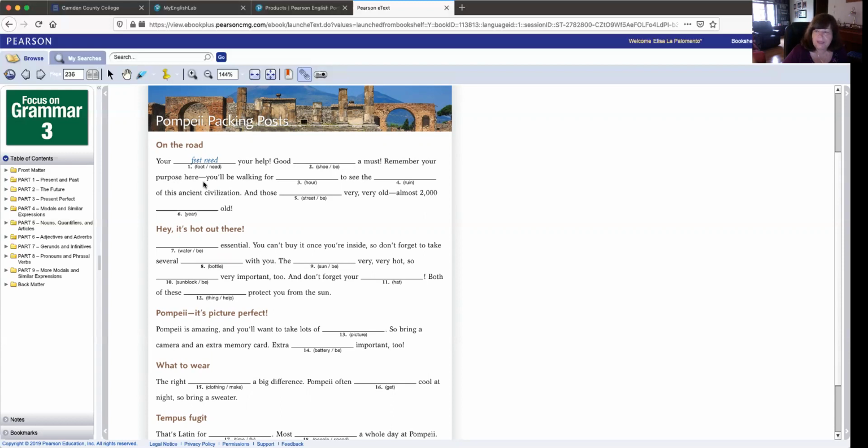Remember your purpose here. You'll, meaning you will, be walking for, now they only have one word and it's hour. So you have to consider these things. Is this a count noun or a non-count noun? This is a count noun. We can count hours. We can say 1 hour, 2 hours, 3 hours. Because this is a count noun, we can use is or are. Is this singular or plural?